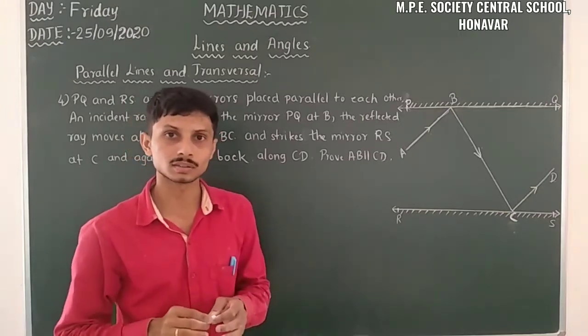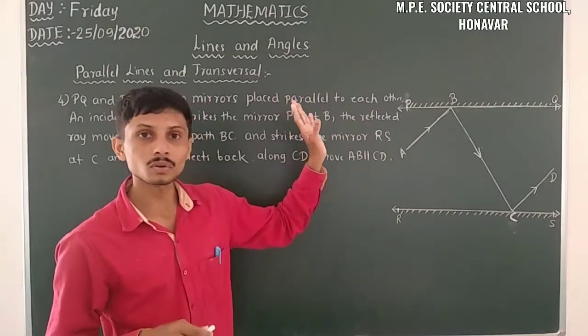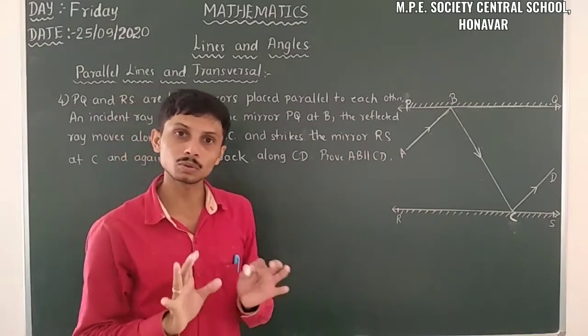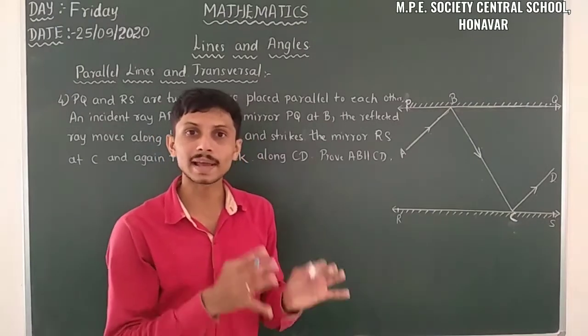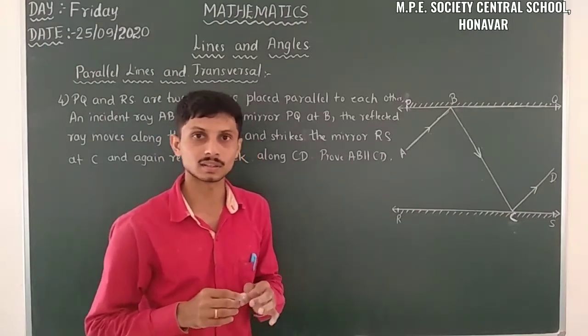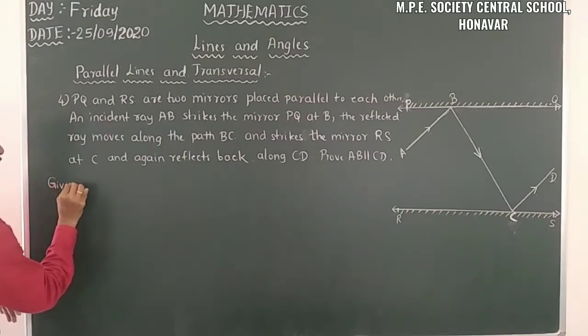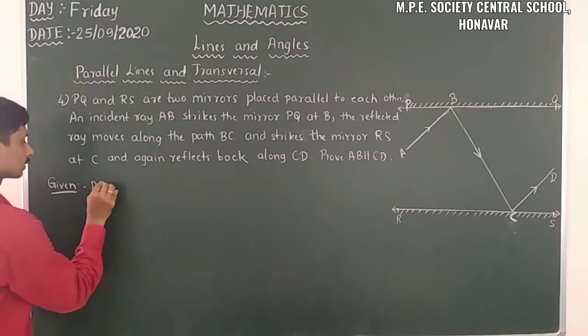So what is the known quantity here? The known quantity is that PQ is parallel to RS, and we have to use that only. From that we can use the axioms and theorems related to parallel lines and a transversal. So given: PQ is parallel to RS.